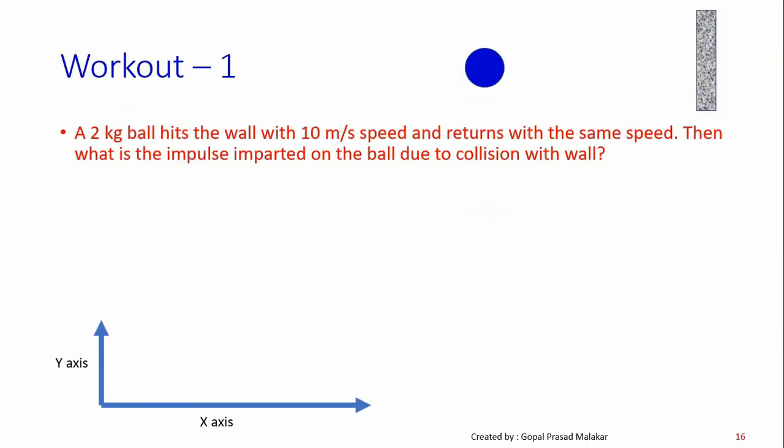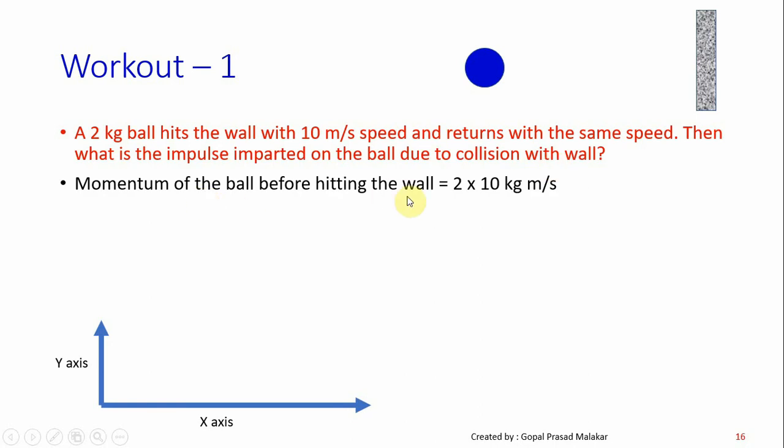Here is a case where a 2 kg ball hits a wall with 10 meter per second and returns with the same speed. So it goes, hits, and then comes back with the same speed. The question is, what is the impulse imparted on the ball due to collision with the wall?